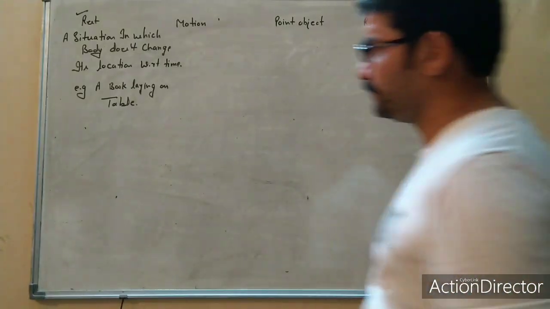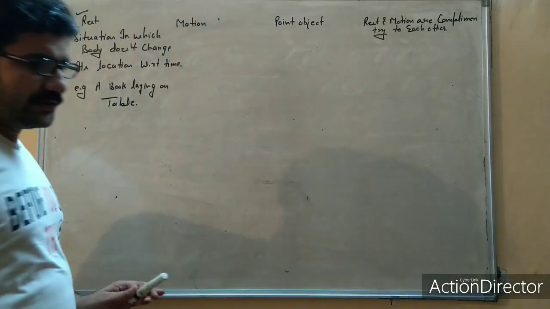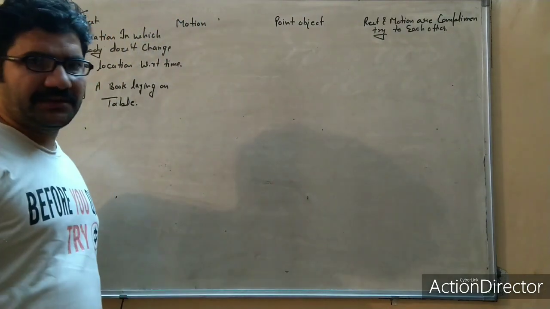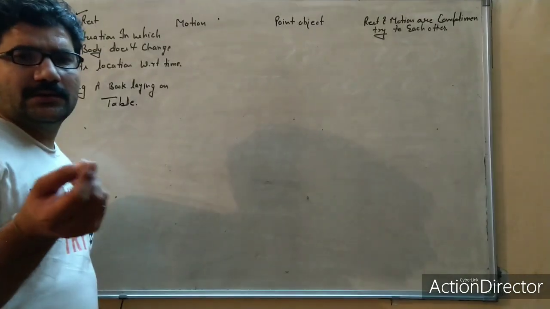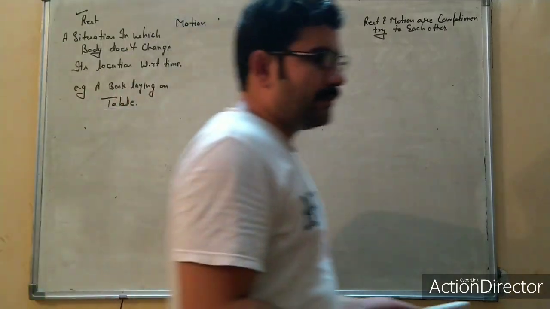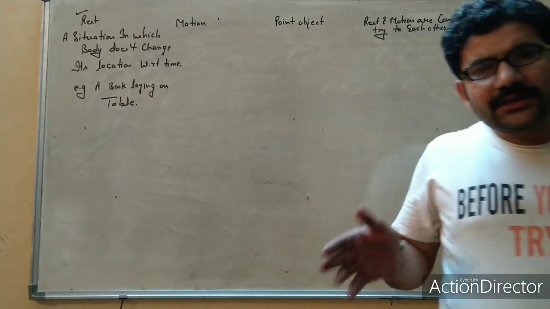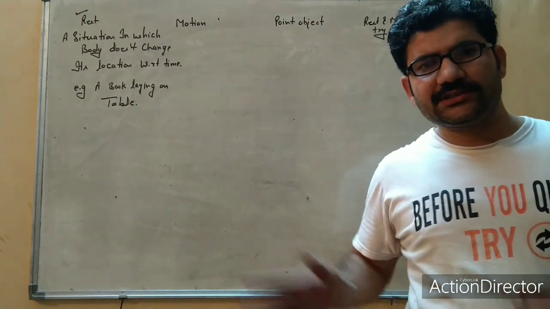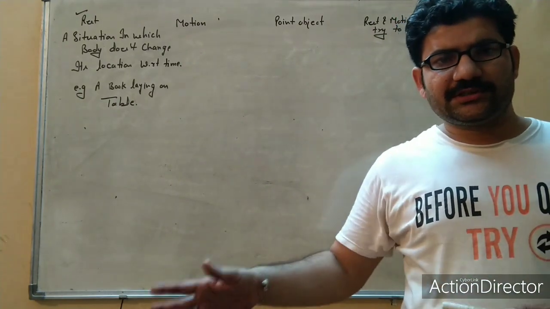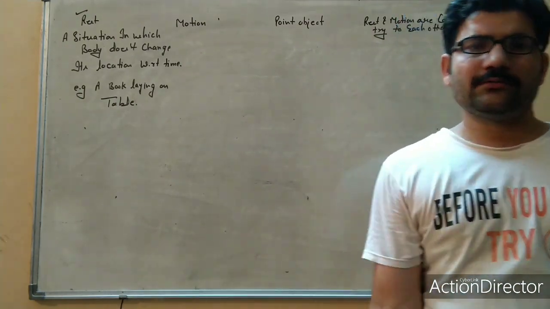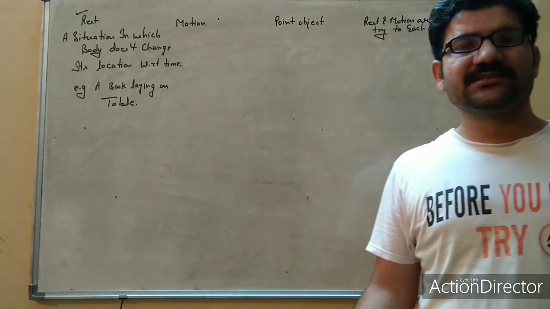Second, motion. Motion is also a situation. Suppose I am standing here and after 2 seconds I am here. Then what are you looking at? My situation is changing, my position is changing, my location is changing with respect to time. That situation of my body is called motion.